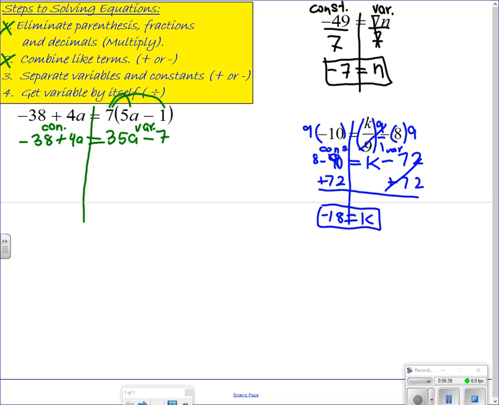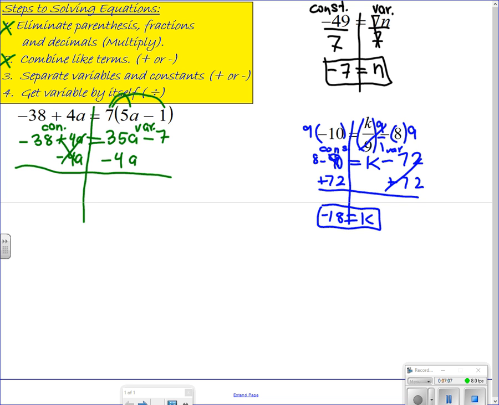Now, constant means numbers only. Are these two numbers only? He is not, so get rid of it. I'm only allowed to add or subtract. So to get rid of this, the opposite of 4a will be negative 4a. And what you do to one side, you must do it to the other side.